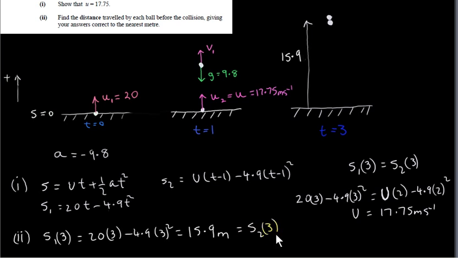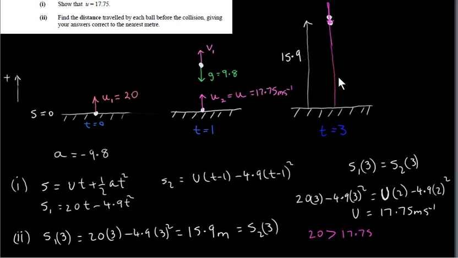That looks like the distance covered by the second ball. How do I know that? Well, if we look at the speed of the first ball, it's 20. But that's actually greater than the initial speed of the second ball, which is 17.75. So that tells us that the first ball went up, reached the maximum height, and started to fall before the second ball collided with it.